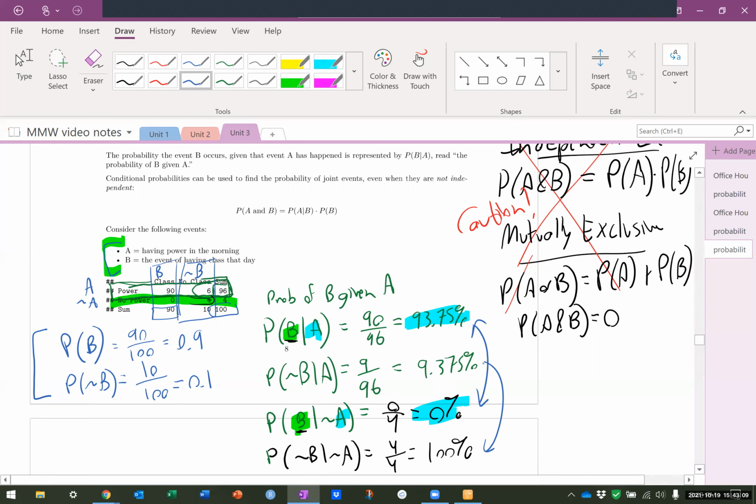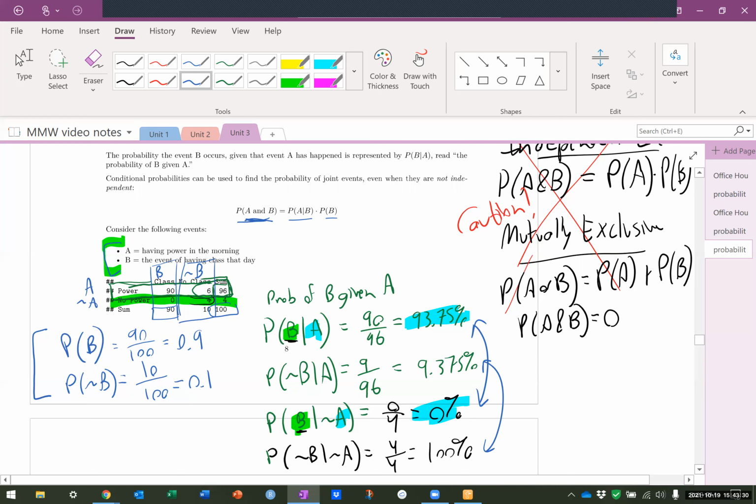So when we are calculating events that are conditional, the probability of A and B occurring can be found from probability of A given B times probability of B. So let's check that. What's the probability of A and B occurring here?